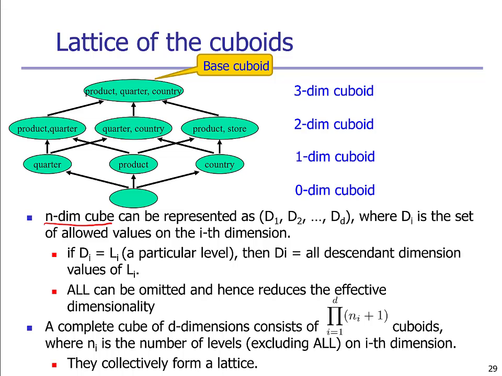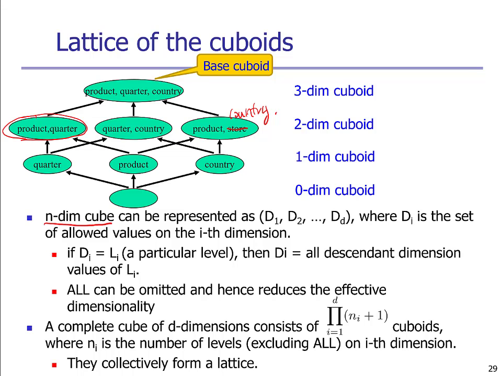Because for each dimension, we're not doing any aggregation to all. But if we do the aggregation to all on top of, for example, country, we would have a cuboid like this.